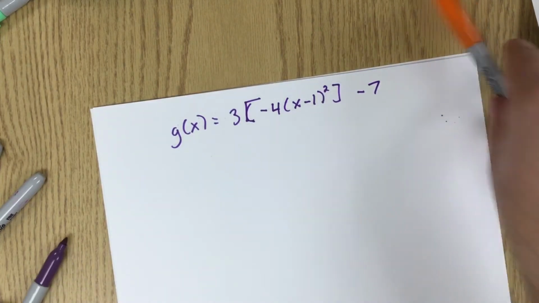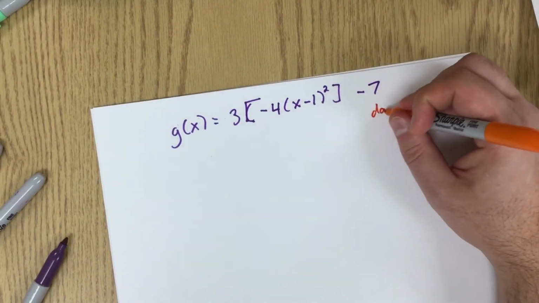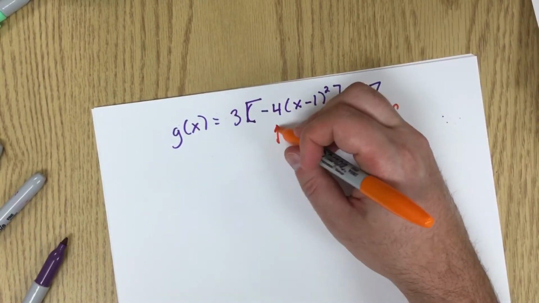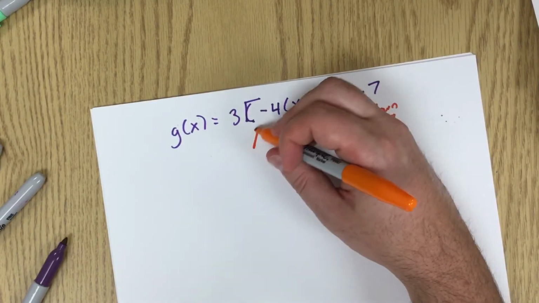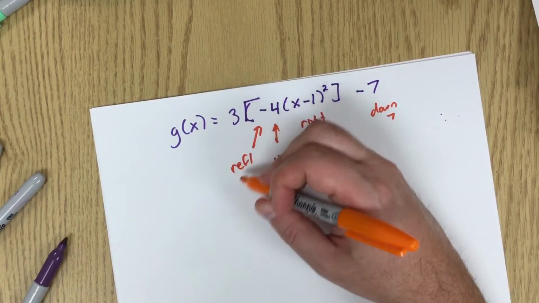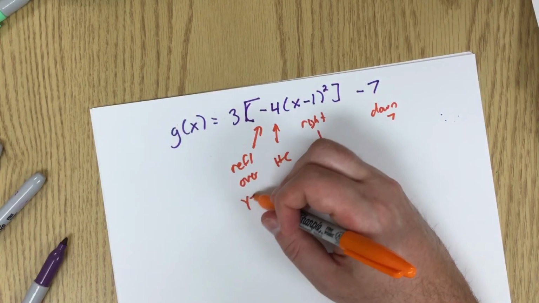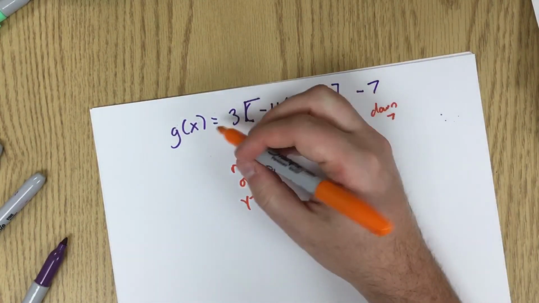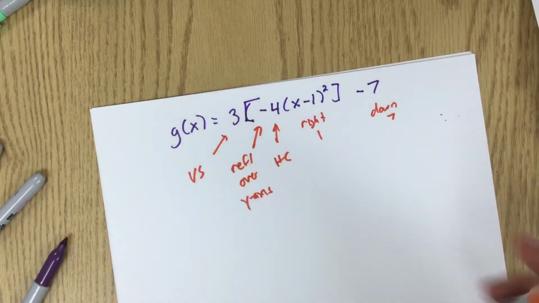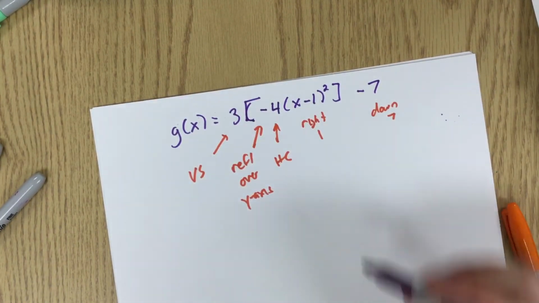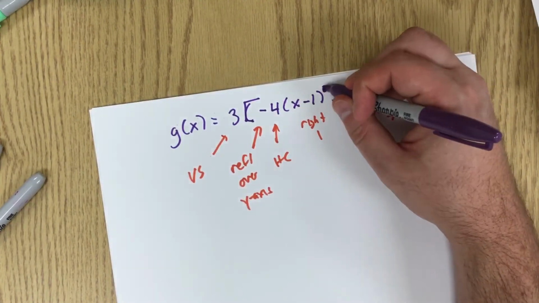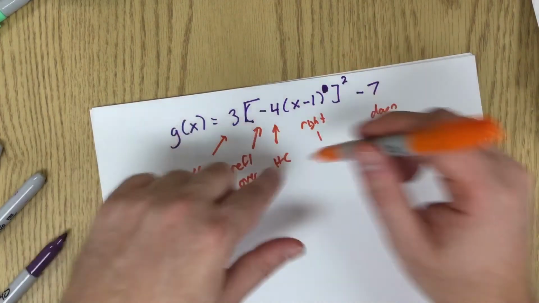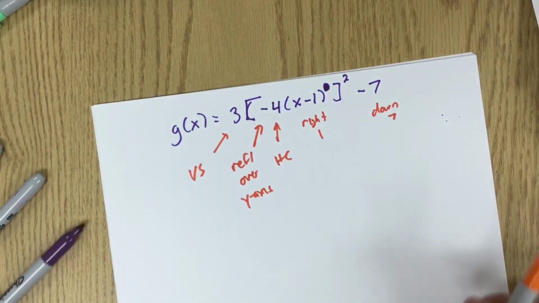So what's happened here, we have down 7, right 1, horizontal compression, reflection over the y-axis, which for a parabola is actually not going to really make much of a difference, and a vertical stretch. Oh, I made a mistake here actually. Anyone see what mistake I made? This has to be out over there, because it has to be within the square thing for that to be horizontal stuff.